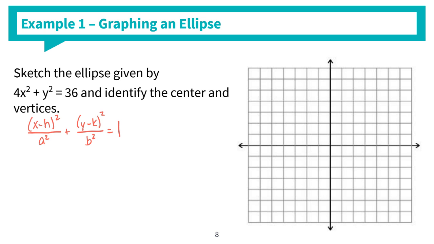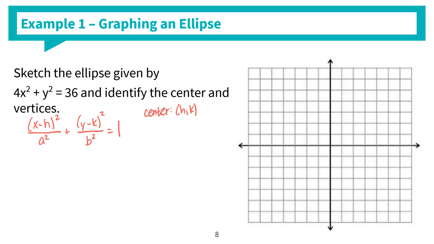Okay, that 1 is really important. So the center, maybe you'll remember this from last year, is (h, k). And what's unique about this is that the values for h and k are actually always the opposite of what you see in your parentheses. All right, so we'll get to that, but for right now, just keep that in mind.